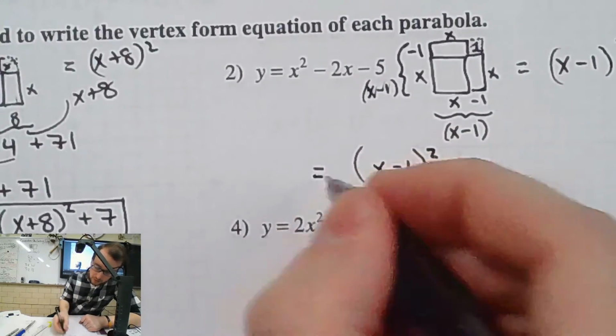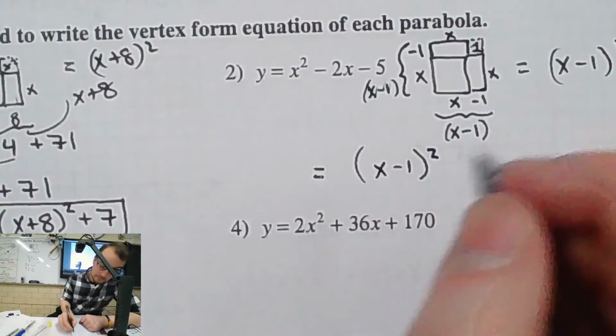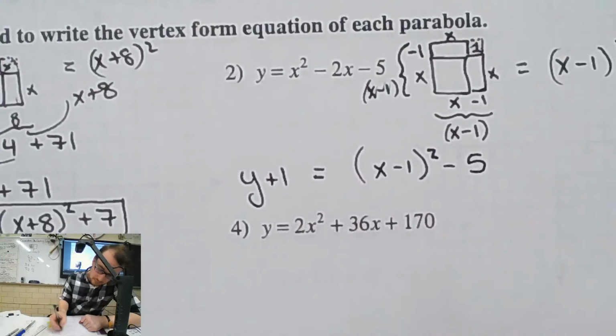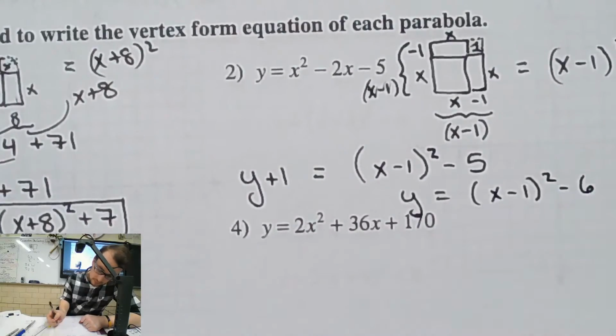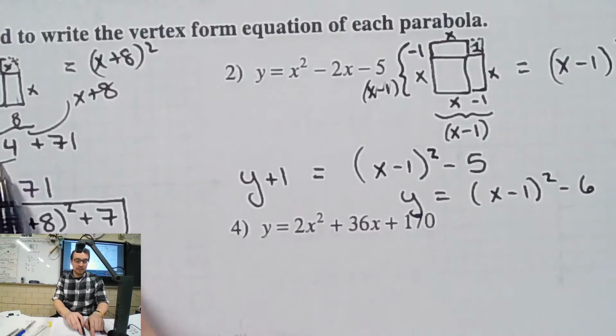Now, in order to get there, what do we have to add on to both sides? We had to add on 1, right? I skipped a step in between, before I added the 1 to both.